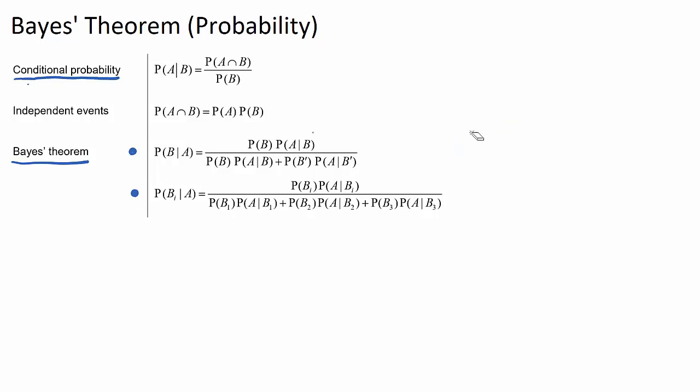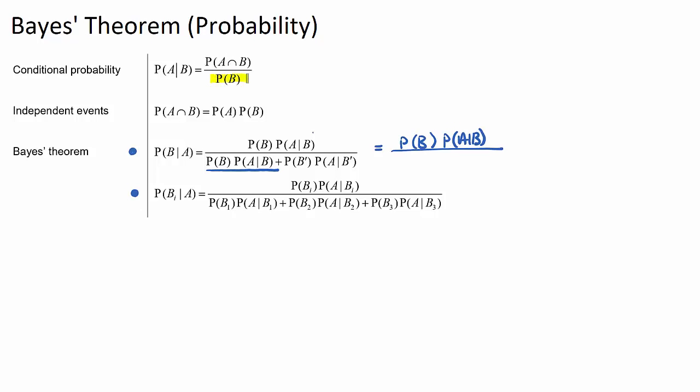Okay, so let's look at the first one, and at the denominator, which I'm going to simplify. I'm going to have the same numerator, the probability of B multiplied by the probability of A given B. Now, this bit here, the probability of B multiplied by the probability of A given B, is actually just the probability of A and B. I'll show you why.